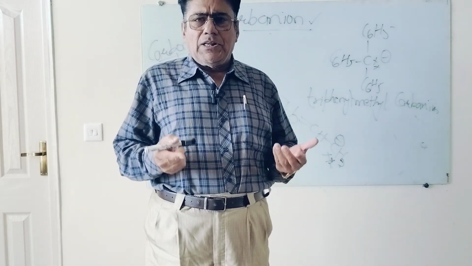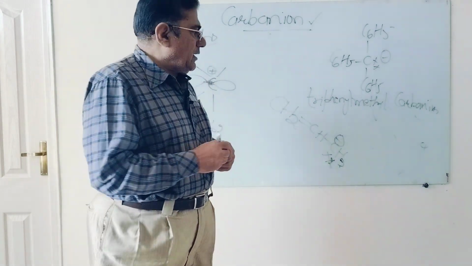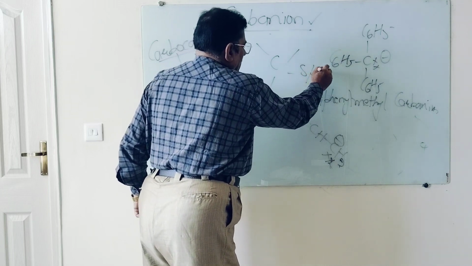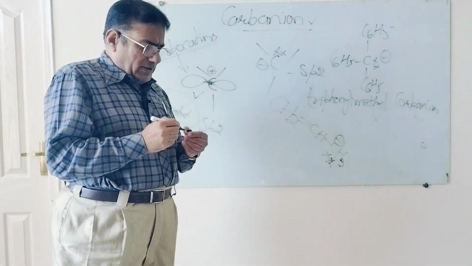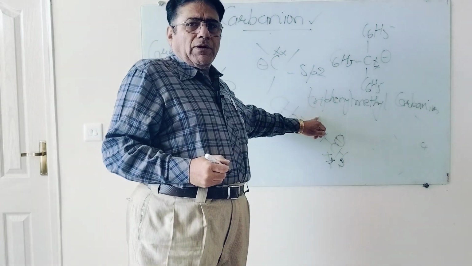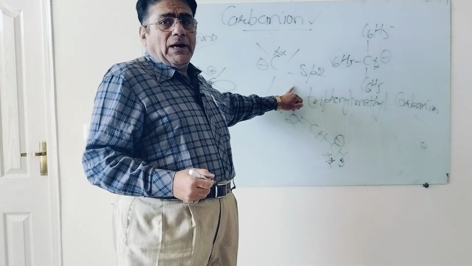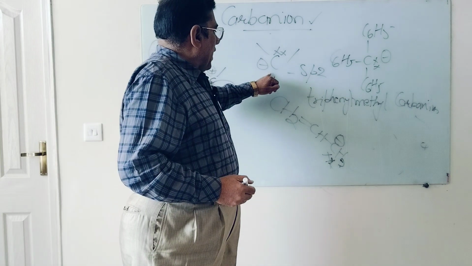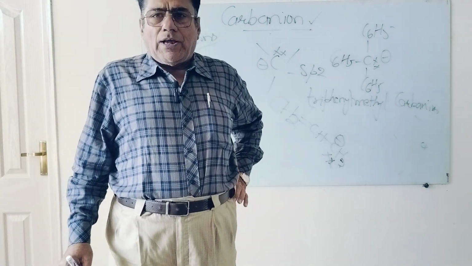But whenever there is a probability of resonance, because resonance requires a planar structure, and a planar structure is possible only in sp2 hybridization. So this is the negatively charged carbon, one lone pair is there. Now this is not pyramidal, to fulfill the requirement for resonance, which certainly makes it much more stable. Many times I said earlier, to make resonance possible, this carbon will remain in the sp2 hybridized state, right? Do you agree with me?